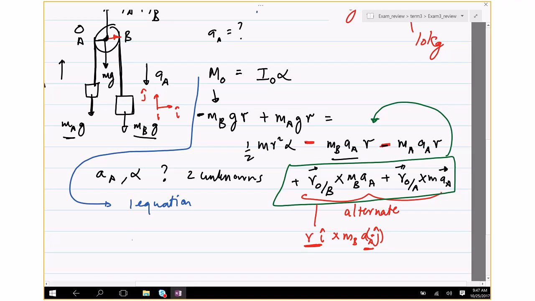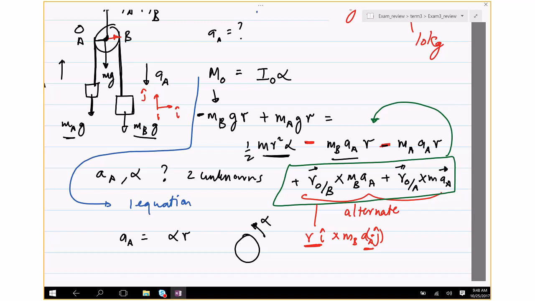So AA is equal to alpha times R, and I need to figure out the right sign. So my convention is alpha is counterclockwise. And the reason it's counterclockwise is because of how I wrote this equation. I wrote it as if alpha is positive in the counterclockwise direction, right? Because that moment is positive. It can only be positive if alpha is acting in the counterclockwise direction.